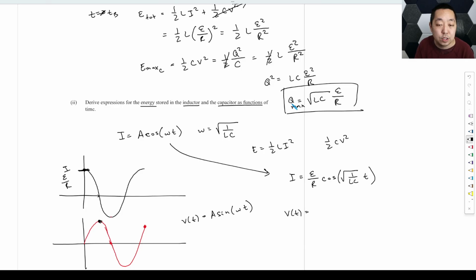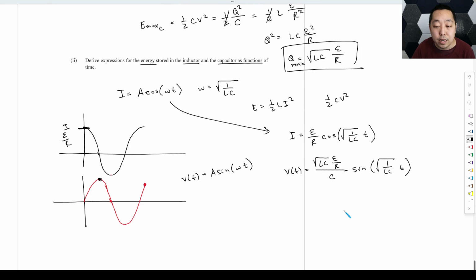But Q is equal to CV, so Vmax is Q over C. So it's going to be square root of LC times epsilon over R, over C, times sine of square root of 1 over LC times t. Okay, so that's our sinusoidal expressions for the current and voltage.